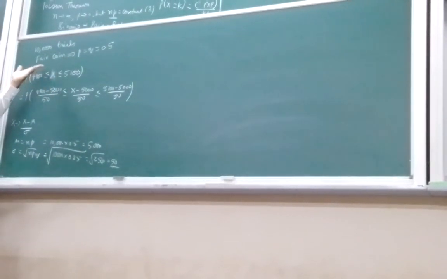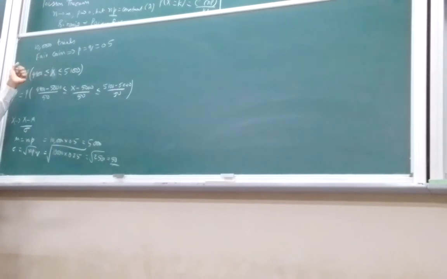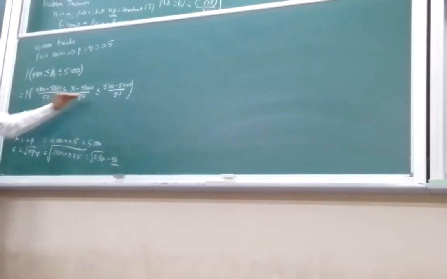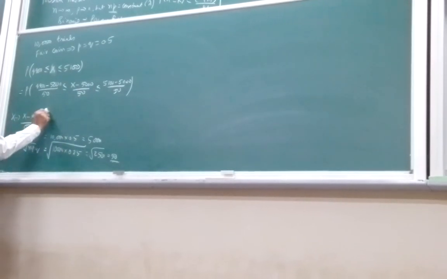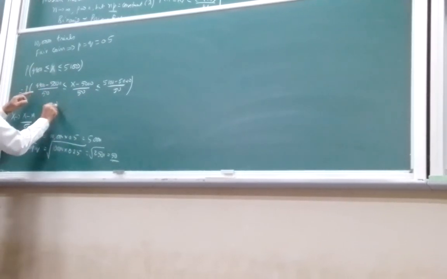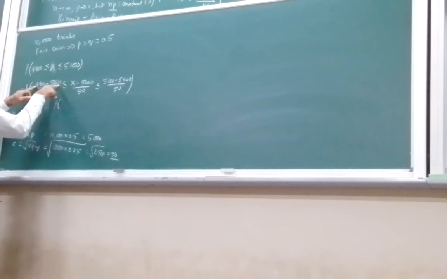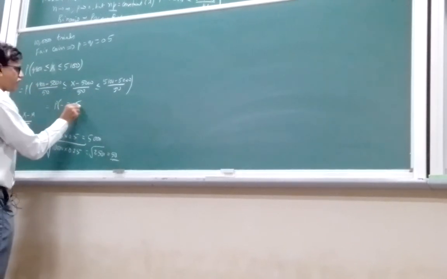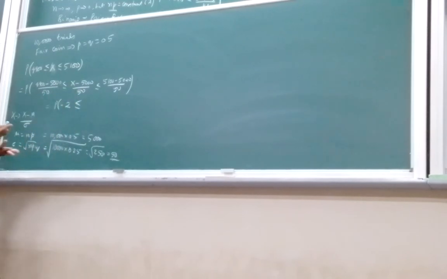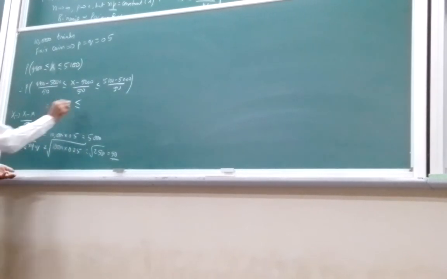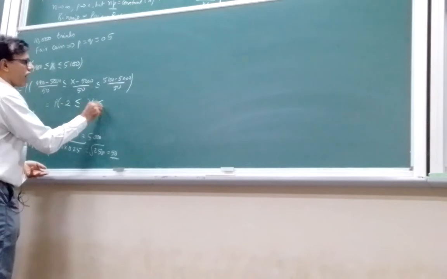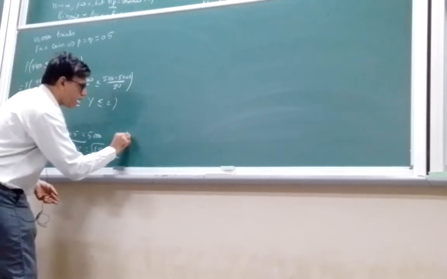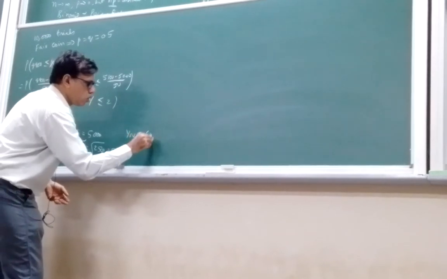But this is an arbitrary normal random variable. I want to convert it to the standard normal to evaluate this one. So we are doing this. So if you look at this one, this is the probability that minus 2 is less than or equal to, what is this one? This immediately becomes a standard normal one, y, and this is 2. We have to note it, y is N(0, 1).